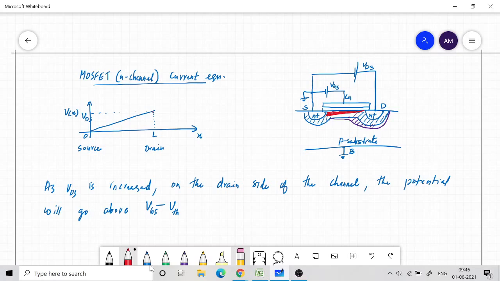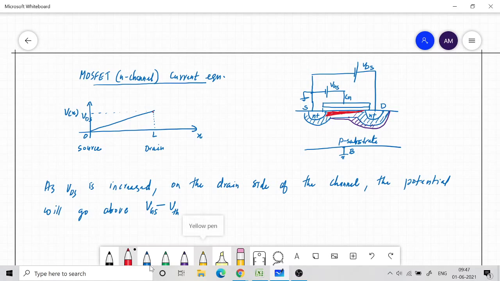On the gate side we have VG, on the drain side we have VDS, right? So the voltage across the oxide is going to be VGS minus VDS. If VGS minus VDS is not greater than VTH, the channel cannot exist. As you increase VDS, this will become more and more prominent.